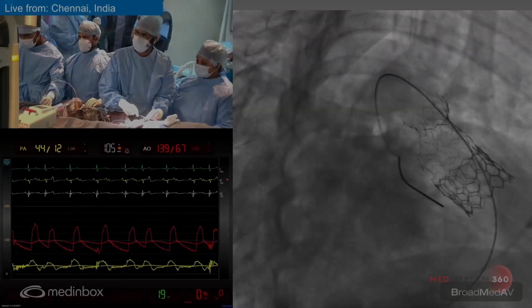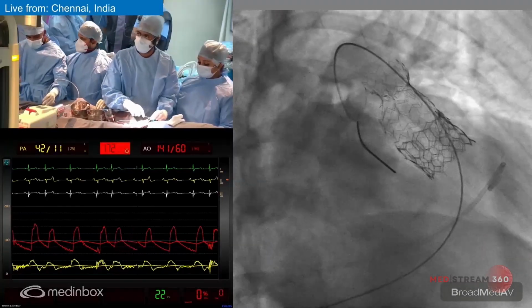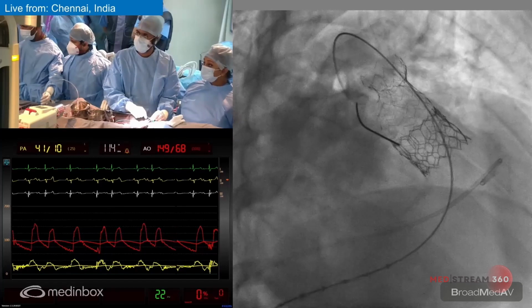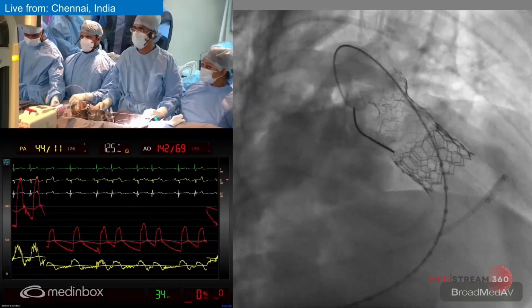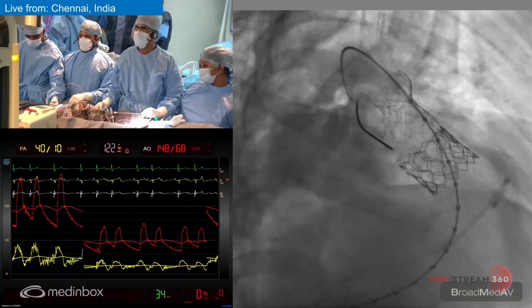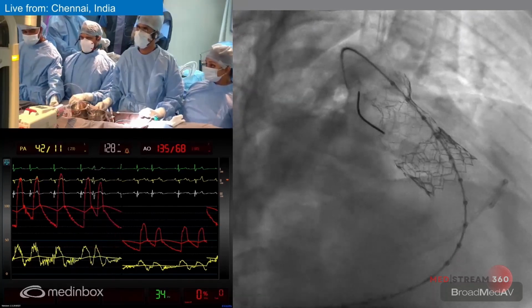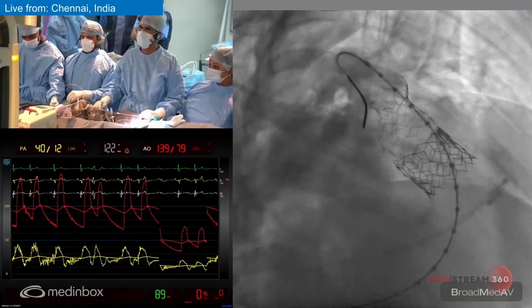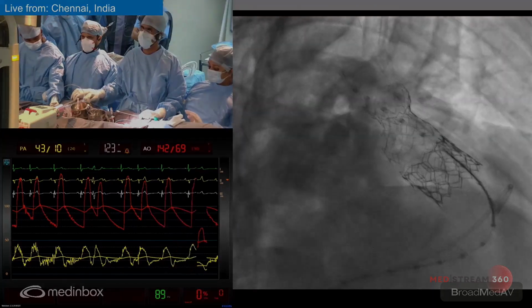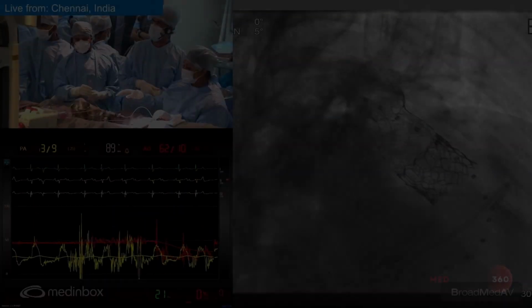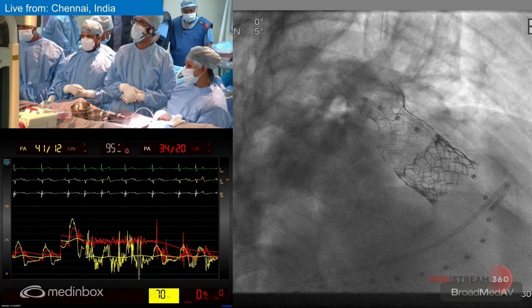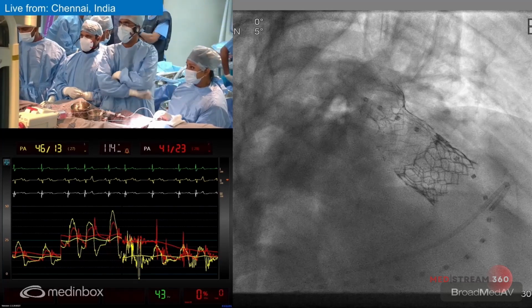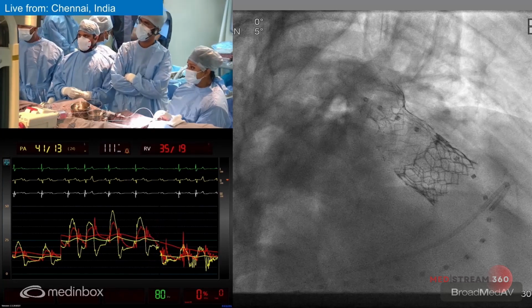I'm taking the marker pigtail. Go to 100 scales. So show both the pressures in 40, 50 scales. Yeah. Take the mean out of the right ventricle.